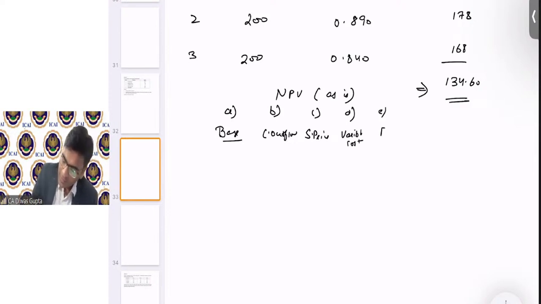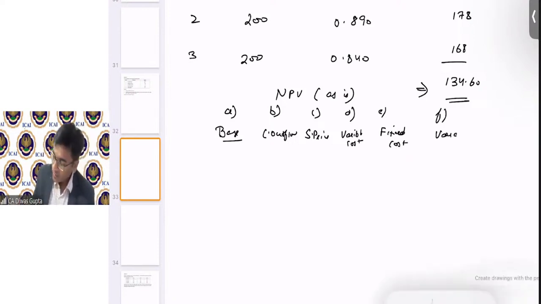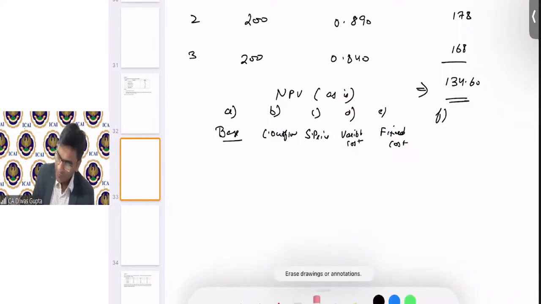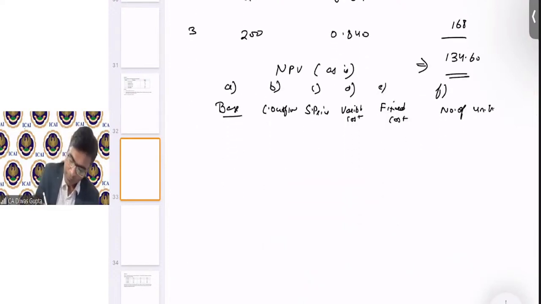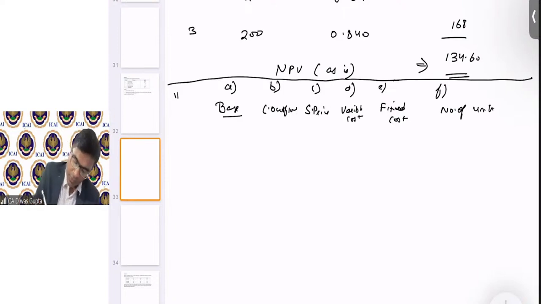E case, we are changing the fixed cost. Then lastly, F, we are changing the units. This is the solution to the second part.